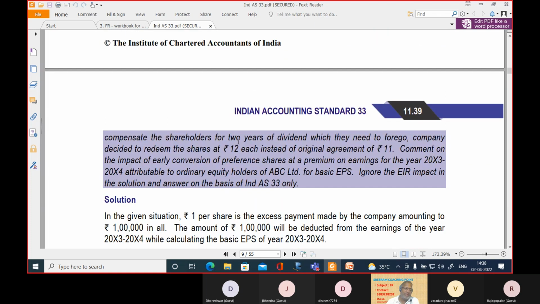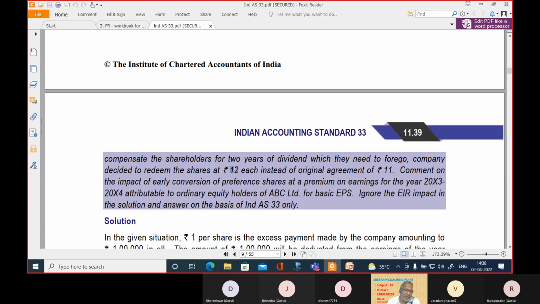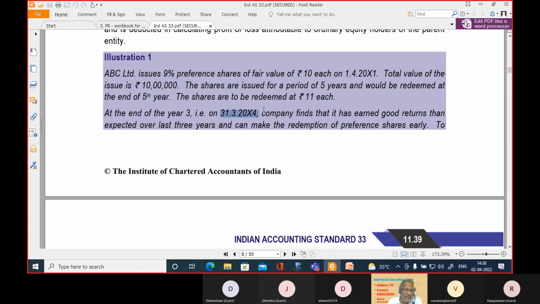Because they are breaking the contract, the redemption price will be 12 rupees and not 11 rupees as originally agreed. Because they are breaking the contract, they want to pay a premium. Whether that premium paid in the third year can be adjusted in net profit attributable to equity shareholders is the main area of contention.